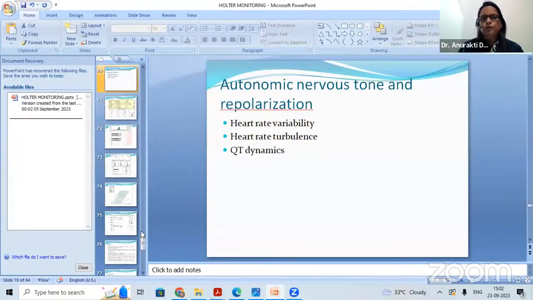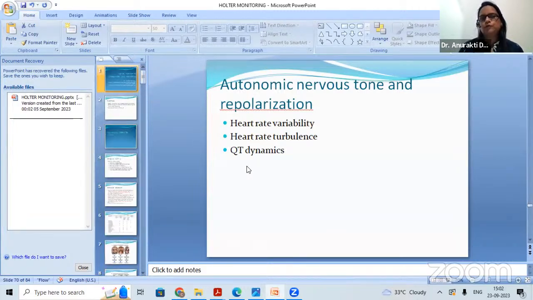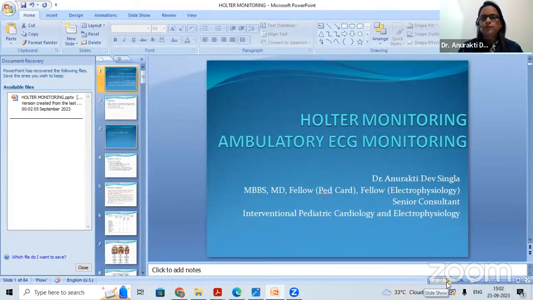But today what we are going to do is go in detail of Holter monitoring, not just the non-real-time Holter which we used to know earlier, but the real-time Holter or real-time ambulatory cardiac monitoring. So let me start.